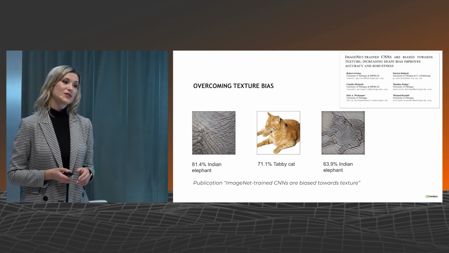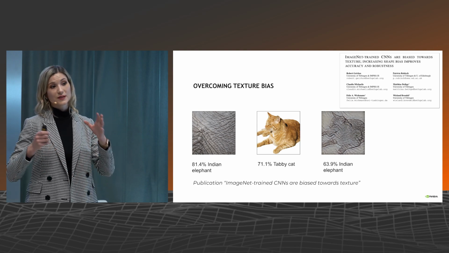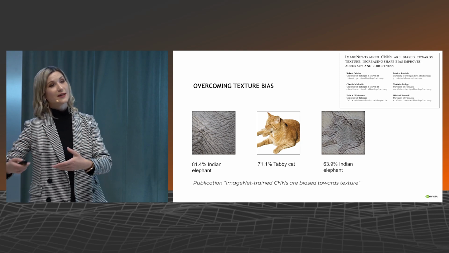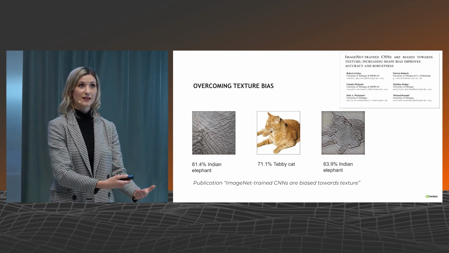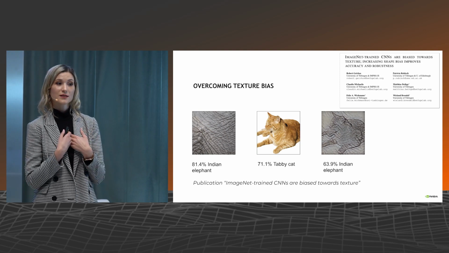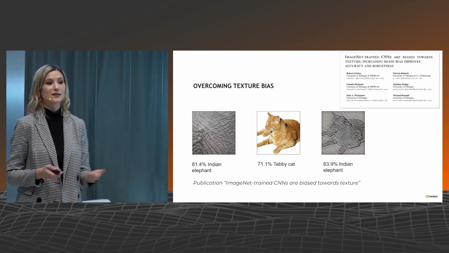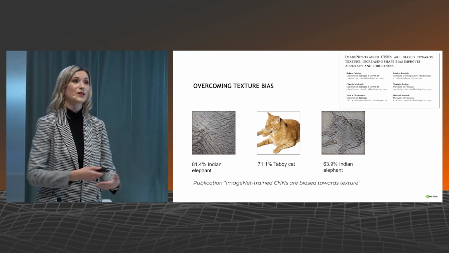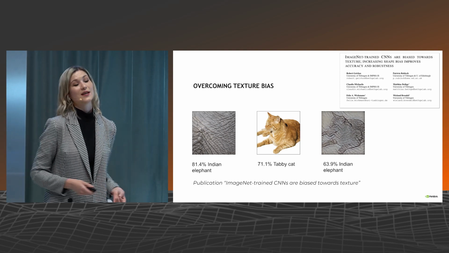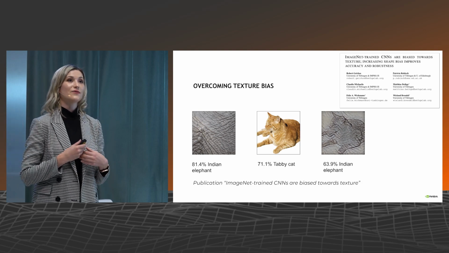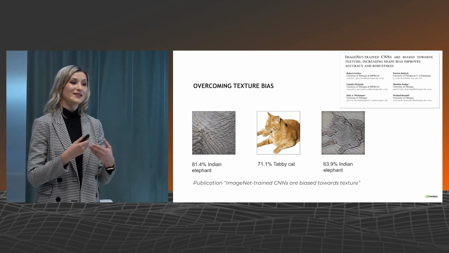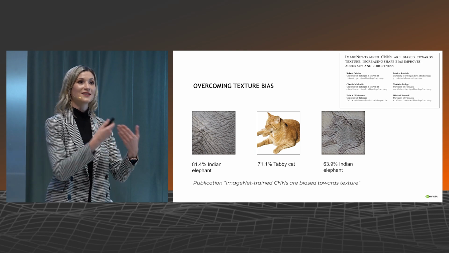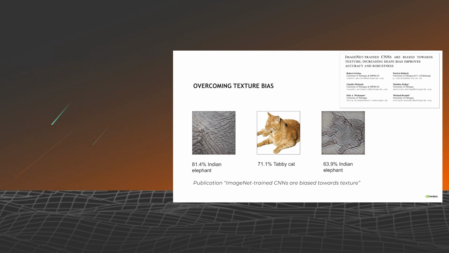In the last image, what they did, they've superimposed this cat image over the elephant texture. And me as a human observer, well, there's been a study which shows that we as humans are biased towards shape. But then when they did that, they actually realized that the network still predicts that it's an Indian elephant, meaning that the network is biased towards texture.